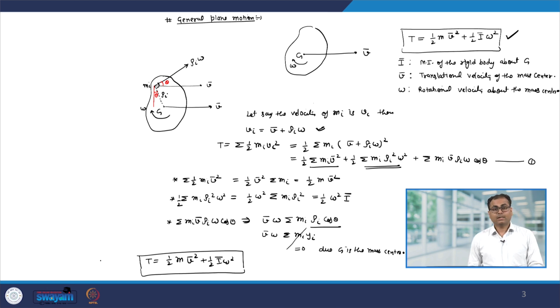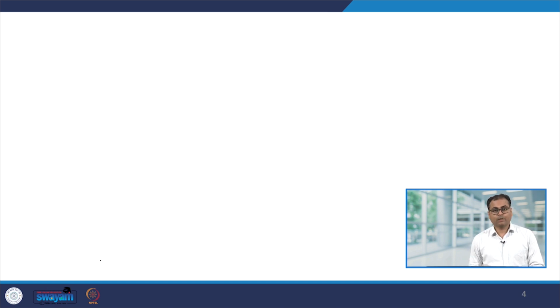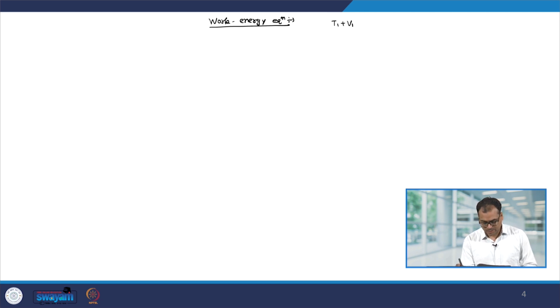Okay. Now, let me write down the work energy equation for the rigid body which is moving in a plane. So, we already know the work energy equation for the particle, and let us follow the same convention that we have followed earlier. So, we had T1 plus V1 plus U12 equal to T2 plus V2.